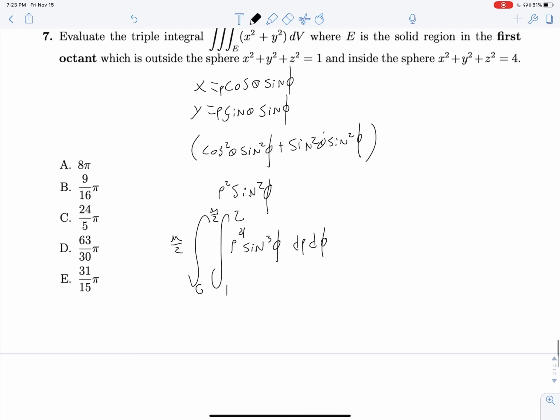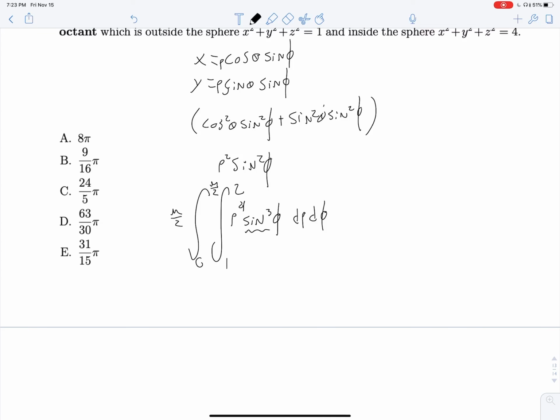And so we can evaluate. It's a little scary that we have a sine cubed, but I think it'll be okay in the end. So rho to the 5th over 5 from 1 to 2 is going to be 32 over 5 minus 1 over 5, so 31 over 5.